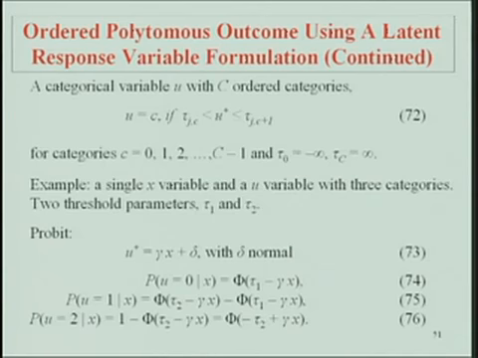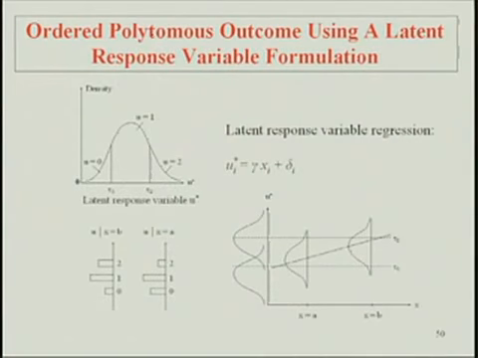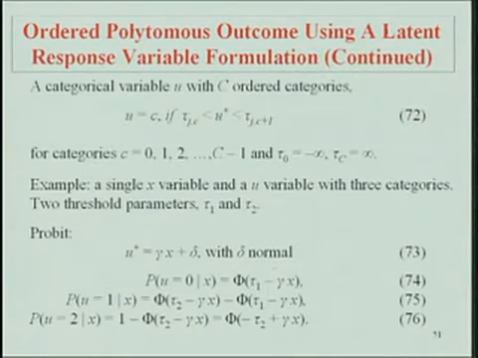Here is the mathematics for this. If you work from slide 50, you will see that these formulas for the probabilities on slide 51 make sense. I'm talking about formulas 74 to 76: probability U equals 0, probability U equals 1, probability U equals 2.